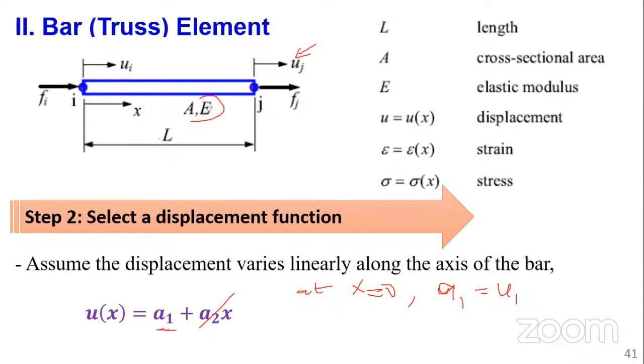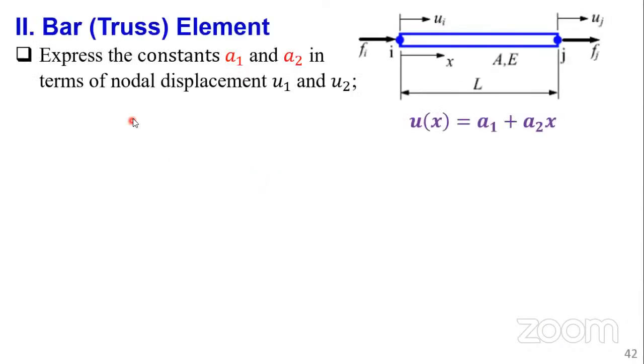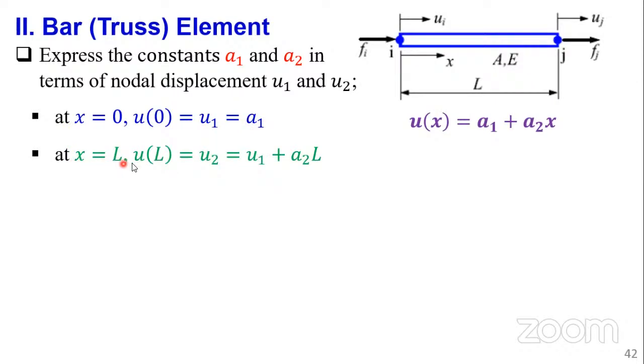You want to obtain the quantity a2. And this is clearly explained in the note. You express this constant in terms of node displacement. At x equals 0, we have obtained u1 equal to a1. At x equals L, you substitute in this equation here, and you see u2 equals u1 plus a2L.